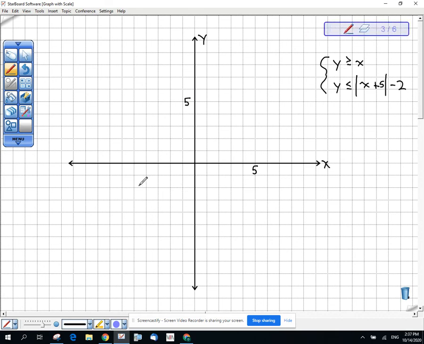Okay, one more. What about the line y equals x? Do you know that the line y equals x is like this? Solid though.